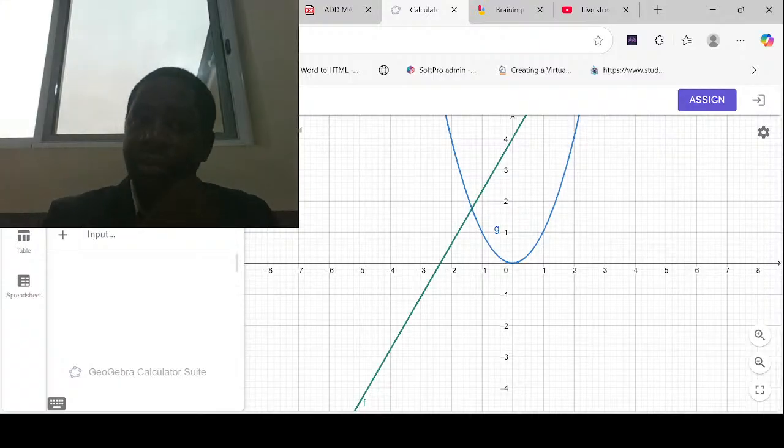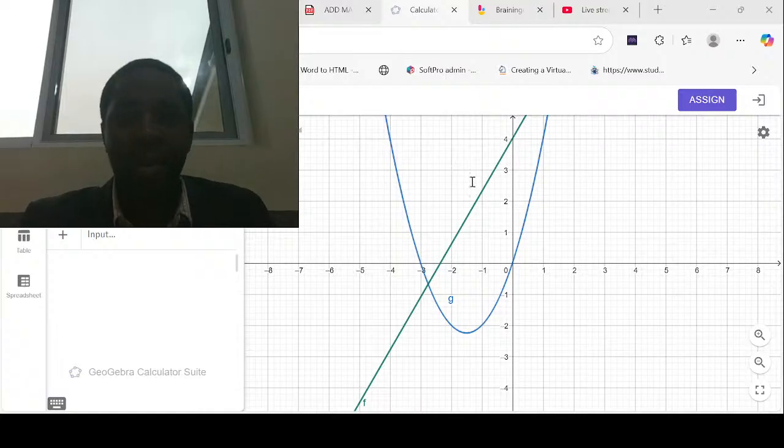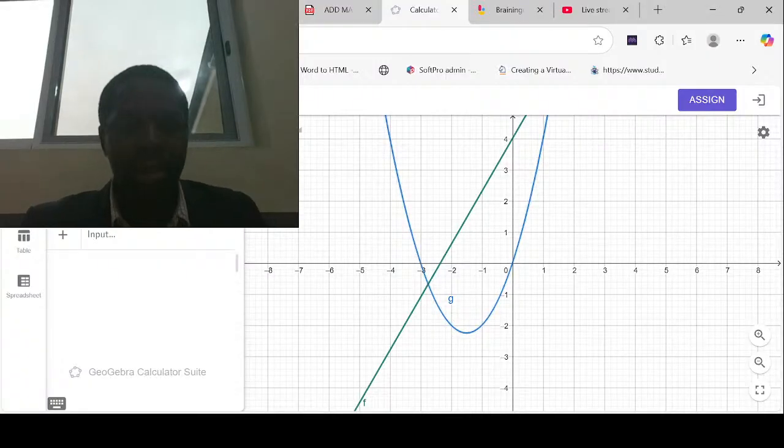It's changing it to g for me because it's a new function. Now it's not giving me plus m. Can you tell me why? I want to see. Okay, it has given me.